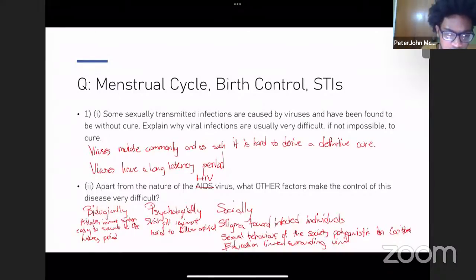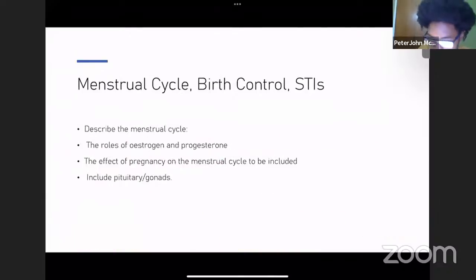CD4 cells, I think it is. I don't remember. Yeah, probably CD4 cells. All right, latency period. What else? How it's spread. Injection drug users, and sexual stuff like that. You just have to talk about how it's spread, the latency period, stuff like that. So yeah, that's the biological.